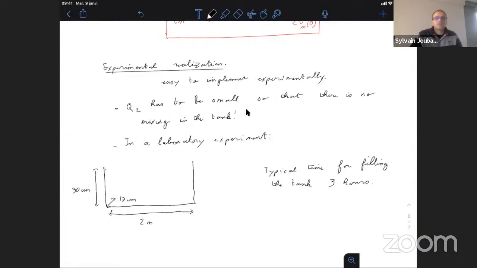What we changed is that we had four points where the fluid arrives in the tank, so that helped a lot. And then you can have a larger flow rate. So this is really dependent on the configuration of the experimental tank you want. Many experiments were done in 2D, and in 2D, since the width of the tank is small, you may induce mixing if you have too large a flow rate because of this finite width.